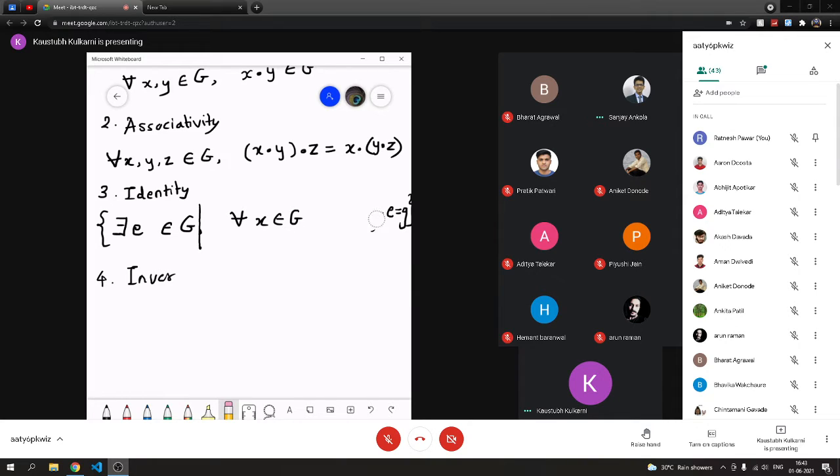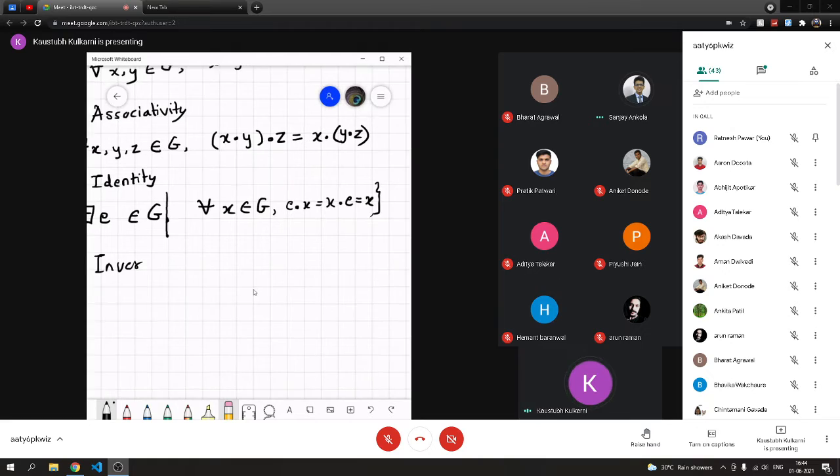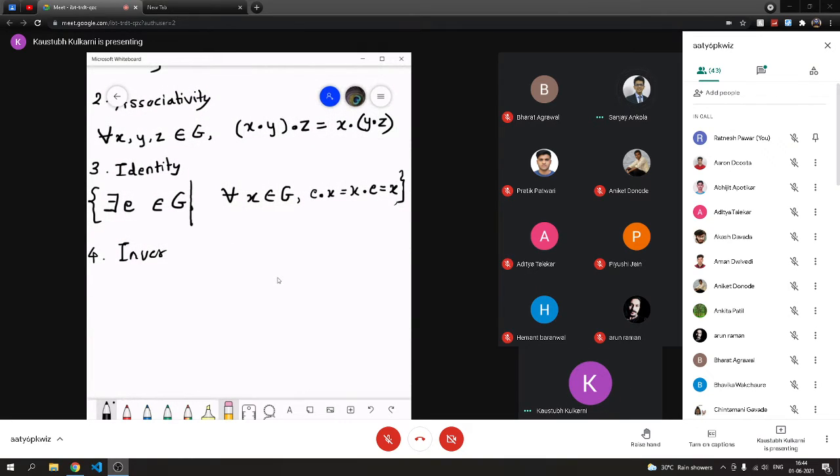Here I should use x. For all x belonging to G, we have E . x is equal to x . E, which is equal to x. Basically what I meant was that small g is an element of capital G, but I had used x here, so x is better. It's clear.